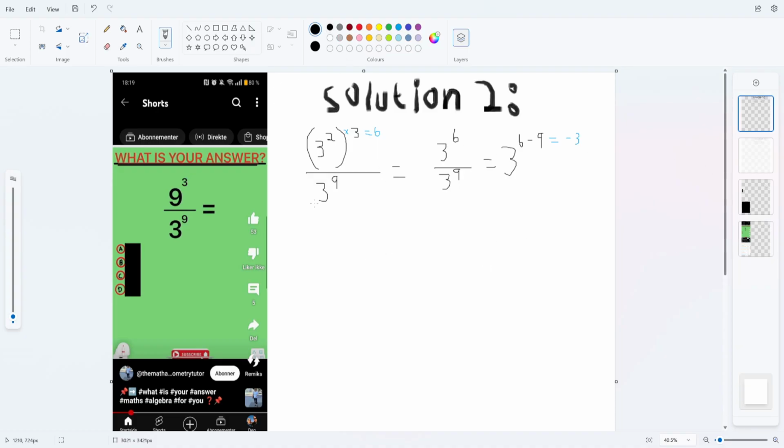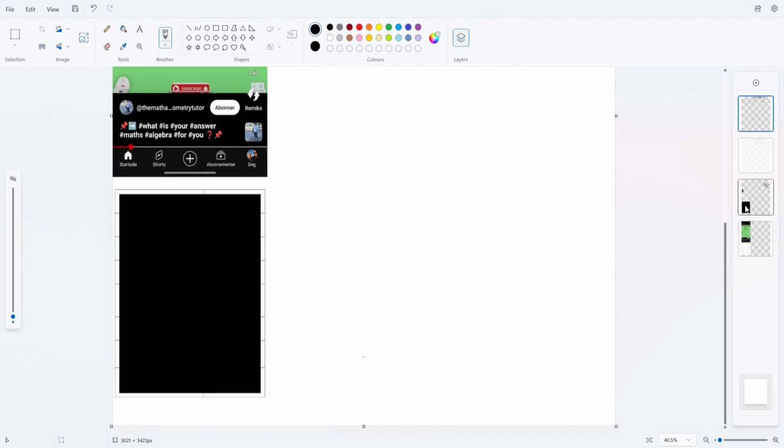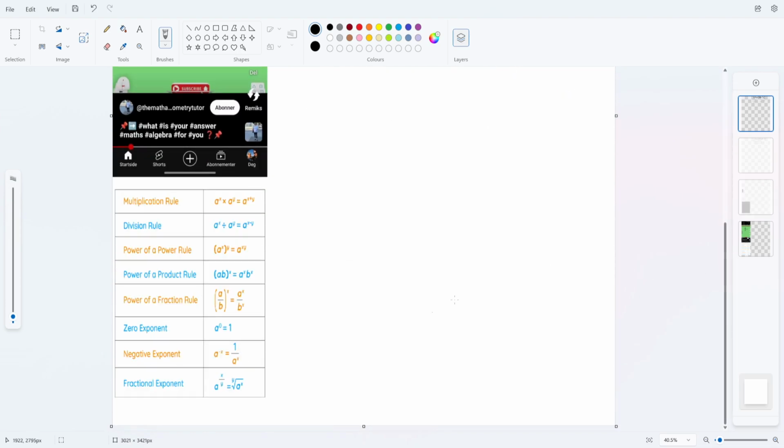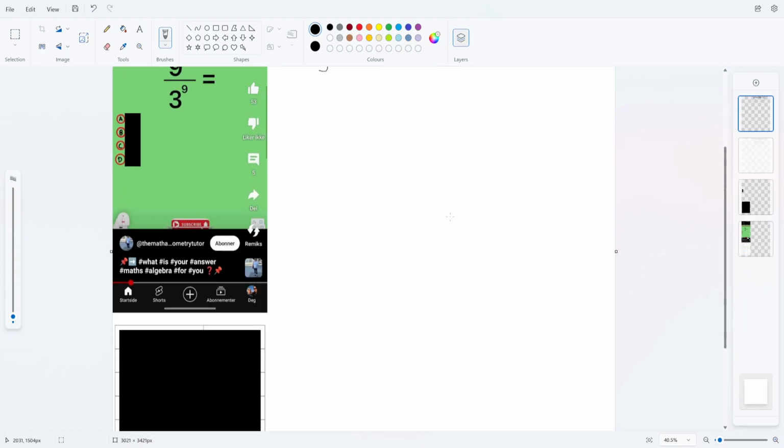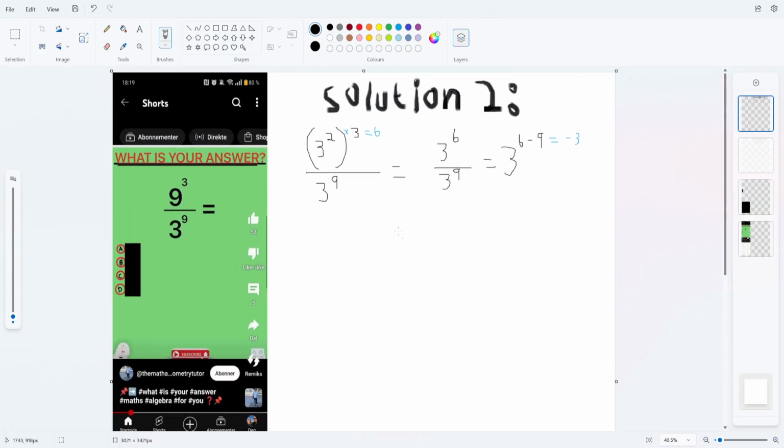So now we have the negative rule. And if you look at the rules, we have the negative exponent. A to the power of minus x equals 1 divided by a to the power of x. And that's what we're gonna do.